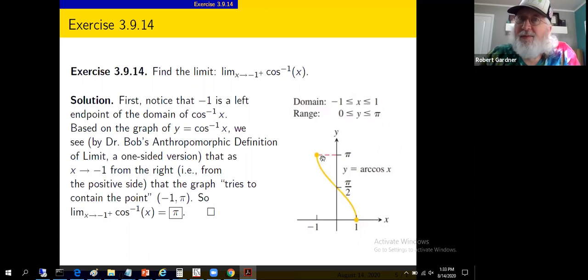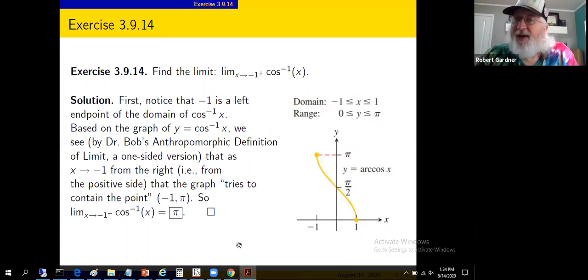By the way, it does, but that doesn't affect the limit question, back from early on in chapter 2. But the function tries to contain this point. This is the point -1, pi. So the limit as x approaches -1 from the positive side must be pi because the graph tries to contain the point -1, pi. So that one-sided limit must be pi.